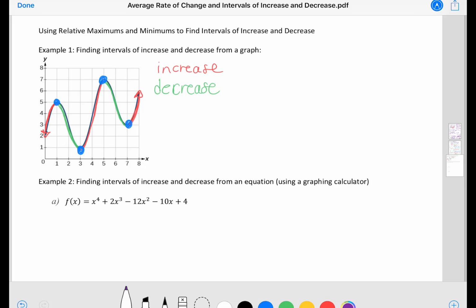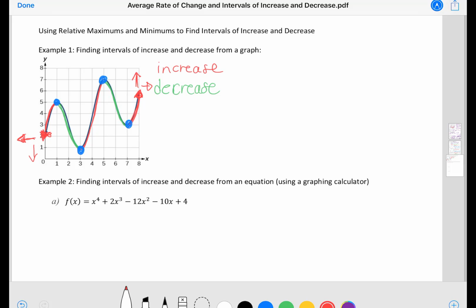When I write down my final answer, for my interval of increase, this arrow right here indicates that I'm going down and to the left forever. This arrow right here indicates I'm going up and to the right forever. And because I'm writing this with my x's, I'm looking at my horizontal values.